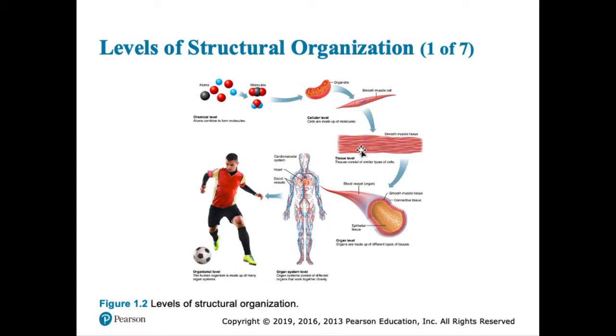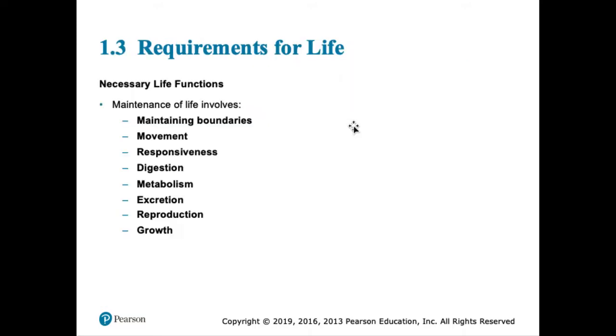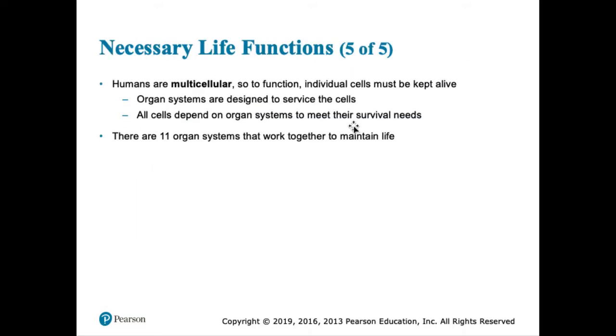So our systems have to work to make sure that the mitochondria inside that cell can produce that ATP so that we can do what we need to do. So these organ systems literally help make each of our cells function so that we can function. So essentially all cells depend upon organ systems to meet their survival needs. If the system fails, those cells fail, and then we're in trouble, right?